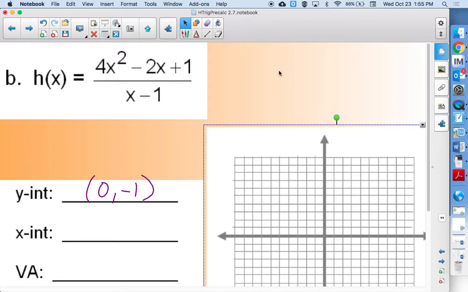What do you do for x? Odette? You need to use the quadratic formula, Odette, because it's not factorable. Nice job.